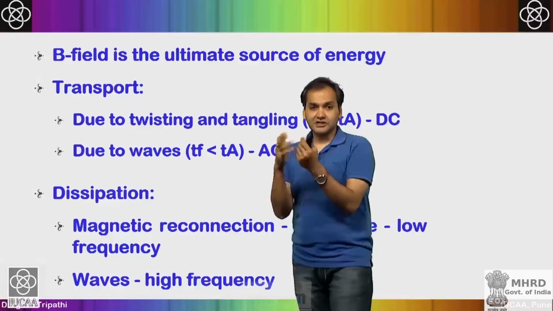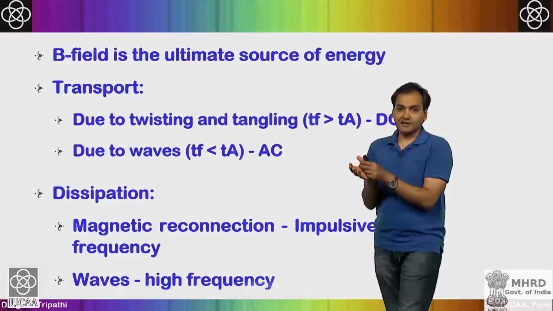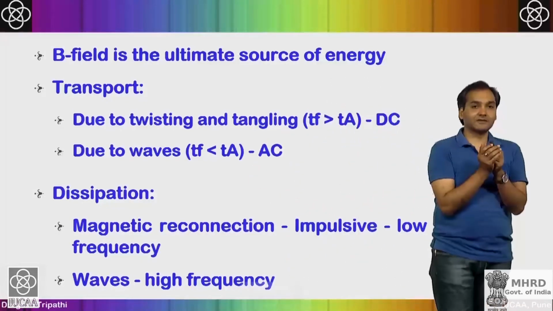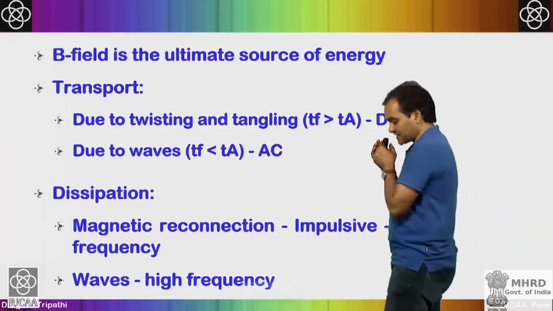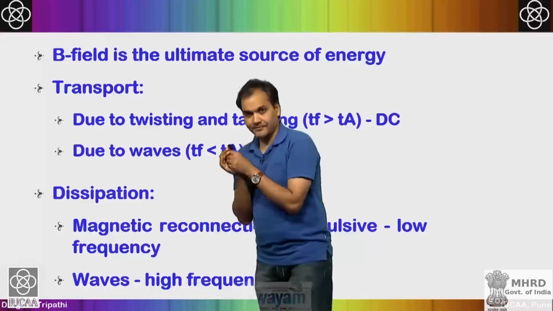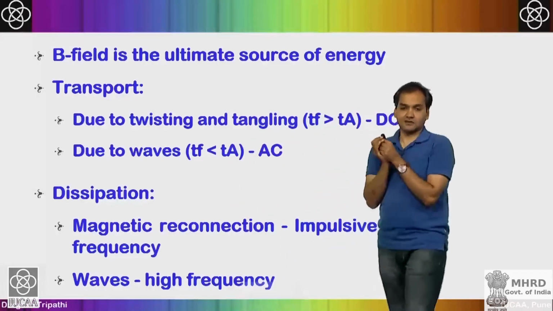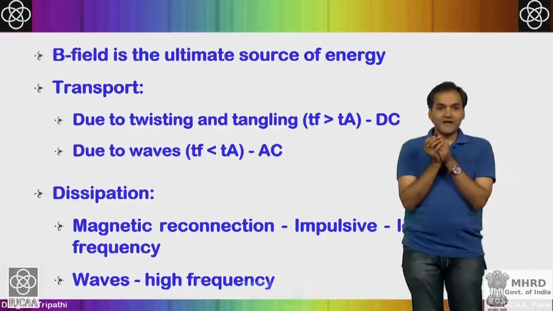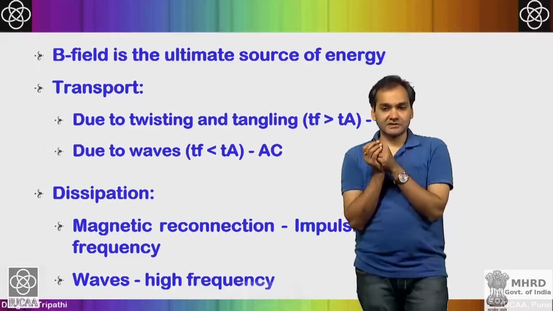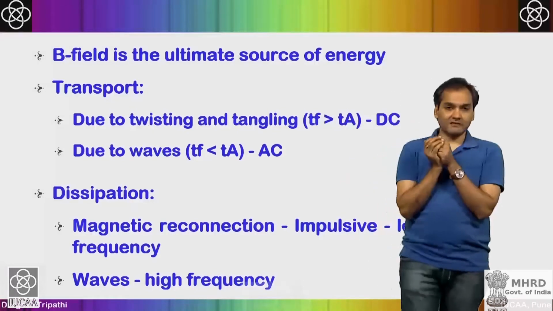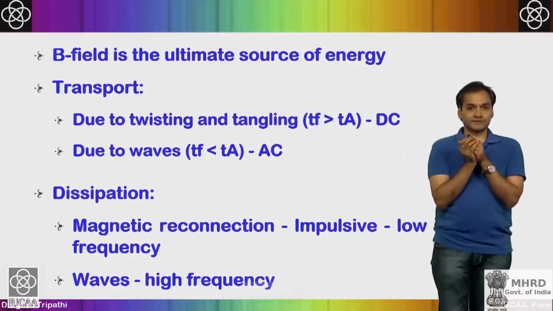That will lead to the dissipation of energy, and that could happen via magnetic reconnection. Magnetic reconnection in highly conducting plasma is already a challenge, but there are ways it can occur, and we have a number of observations confirming that magnetic reconnections do occur in large scale flares.